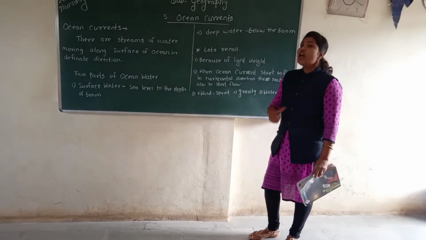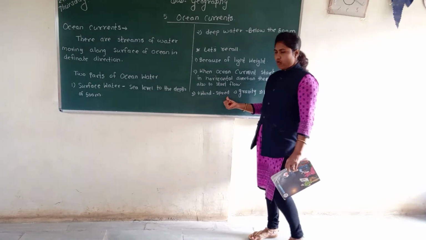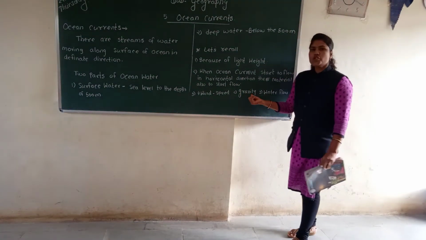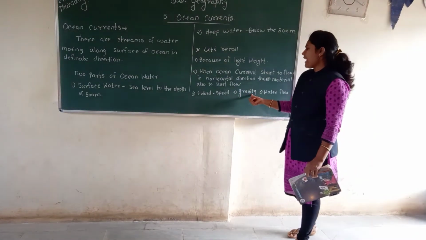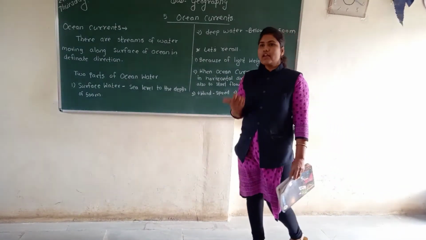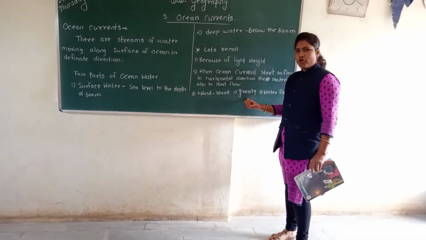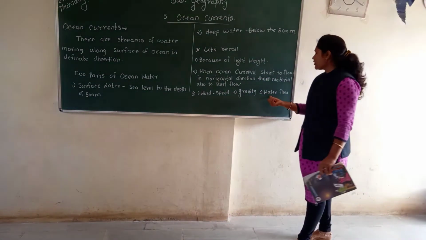Because of the wind, ocean currents get speed to flow. The second and most important factor is gravity. Because of the gravitational force of the earth, that also influences the ocean currents. And the third one is the water flow.